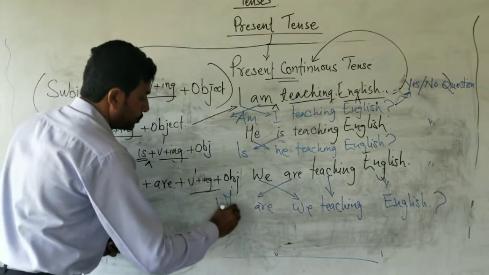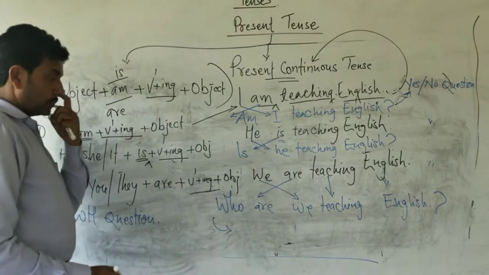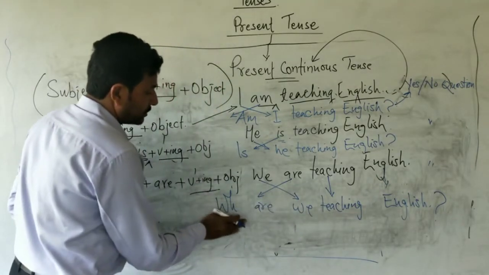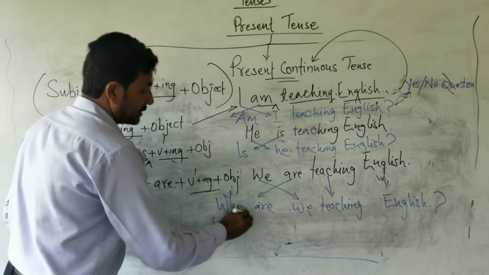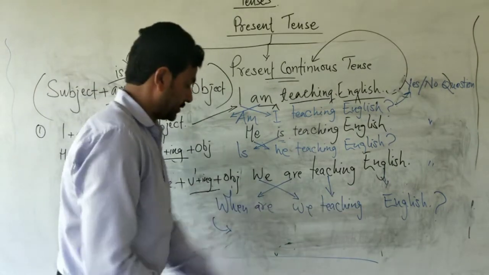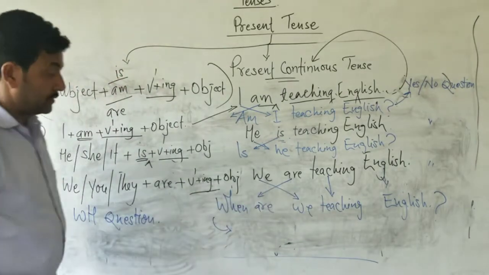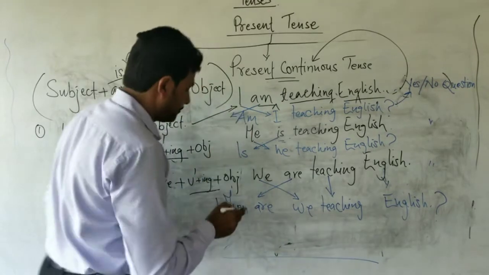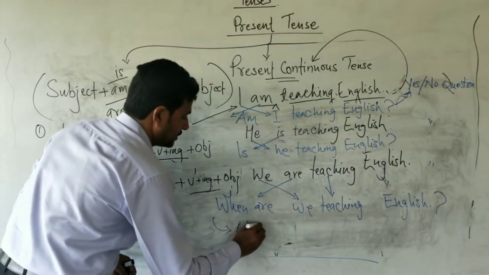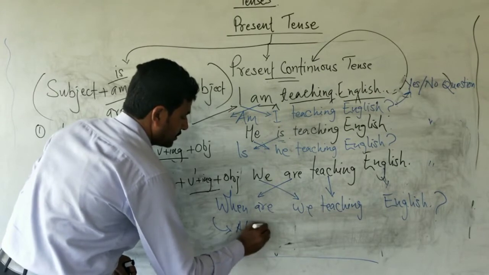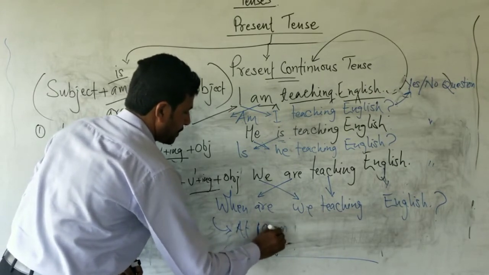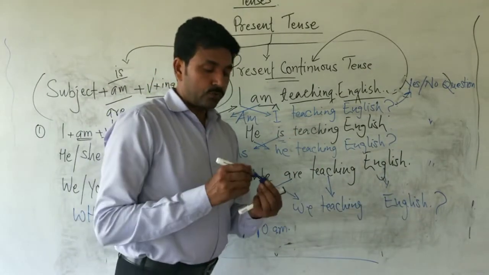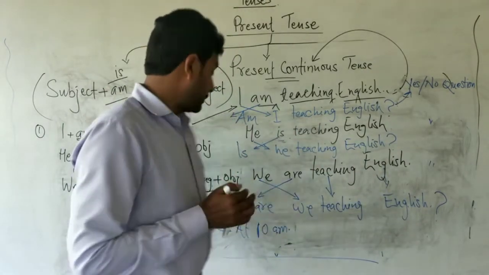If you use "Who are we teaching," you have to remove this, so who is not fixed. When can be used: "When are we teaching English?" Then time will be the answer: in the evening, in the morning, or at 10 o'clock. We are teaching English at 10 a.m.